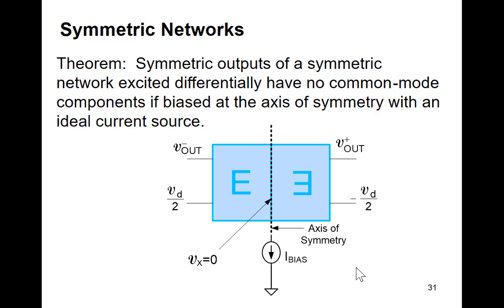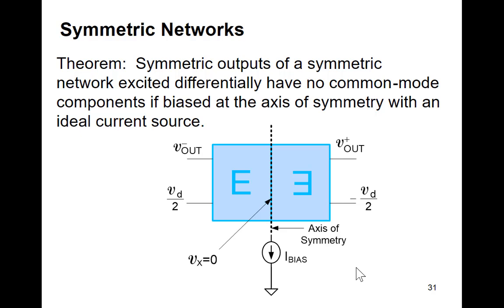Symmetric outputs of a symmetric network excited differentially have no common mode components if biased on the axis of symmetry with an ideal current source.